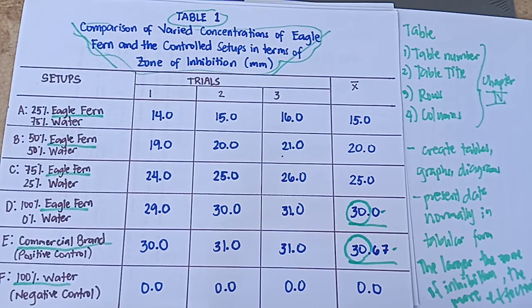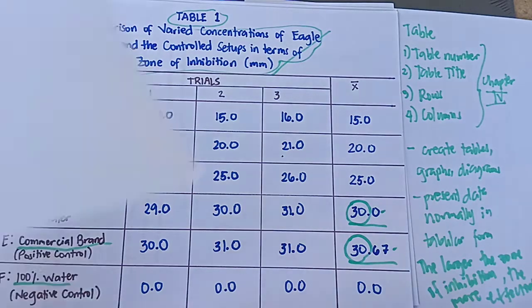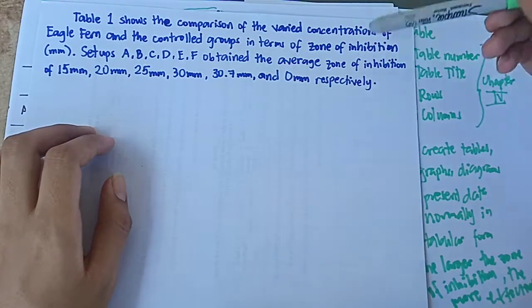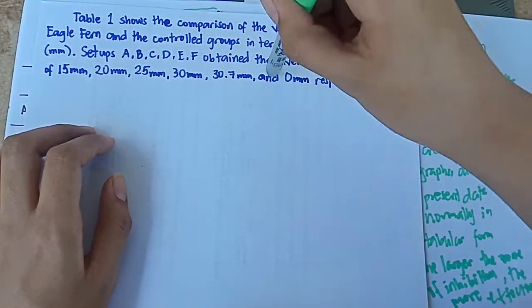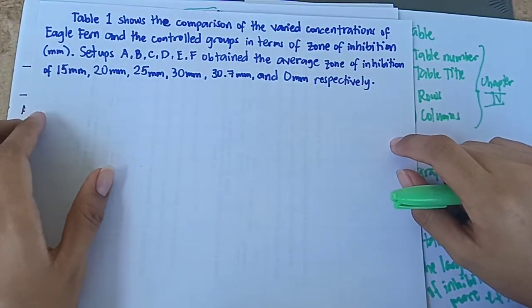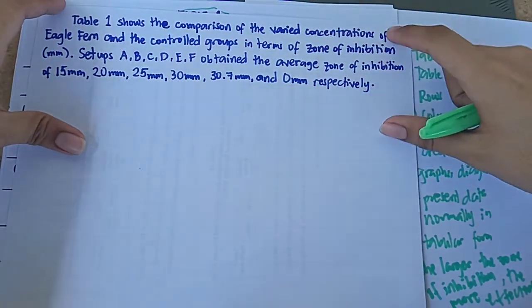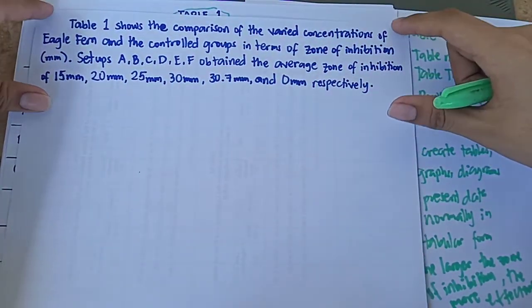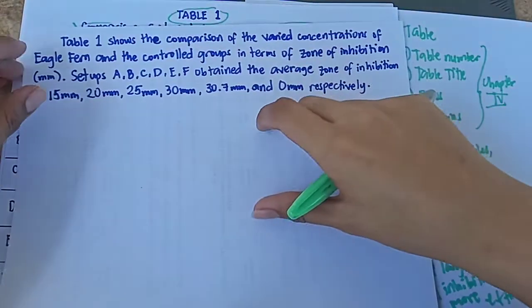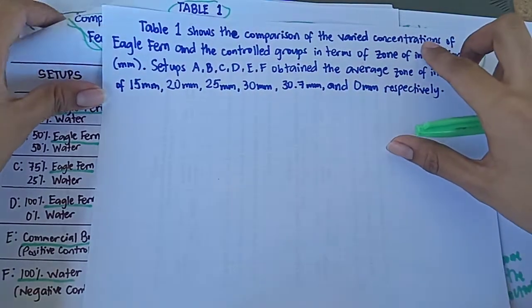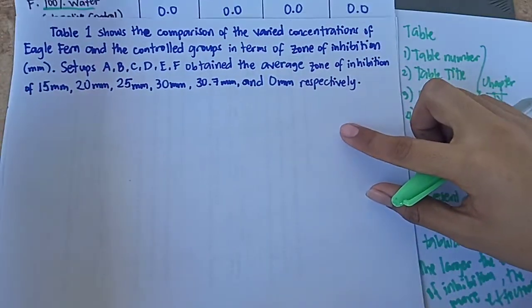Now, how do we make a description out of this table? We can say that table 1 shows the comparison of the varied concentrations of eagle fern and the control groups in terms of the zone of inhibition. This description must describe the table, so it will appear below the table.